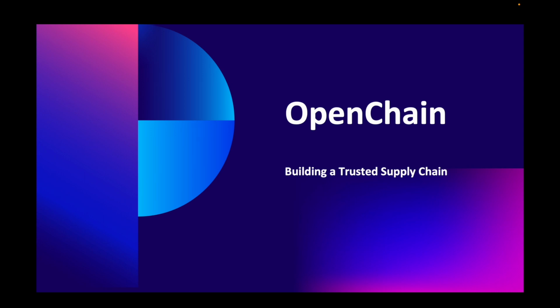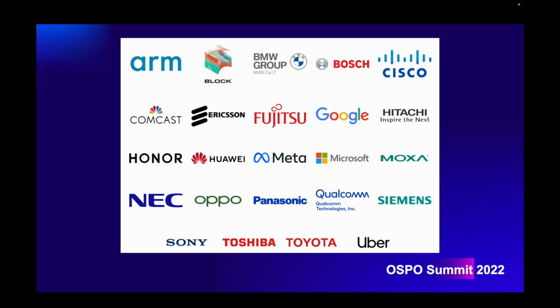The OpenChain project was started by a lot of different companies to address this question. On this slide, you can see the current board members of the OpenChain project. Companies going from silicon, like ARM and Qualcomm, through to companies working in automotive, like BMW, Bosch, or Toyota, to companies working in telecommunications and consumer technology, like Huawei, Cisco, Honor, or Oppo.